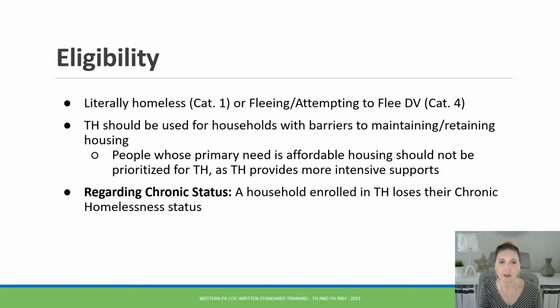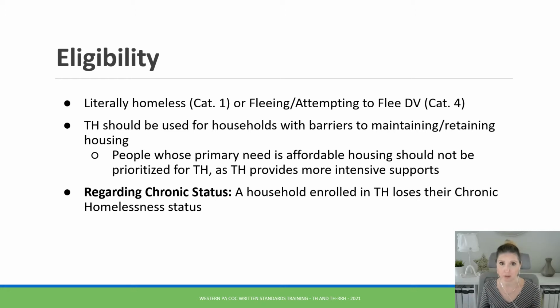Now, in terms of eligibility, what we're looking at is literally homeless, or category 1, or fleeing and attempting to flee domestic violence, or category 4. So that is for the CoC funded TH. Now, if there is a non-HUD funded program, they are free to serve categories 1, 2, 3, or 4.